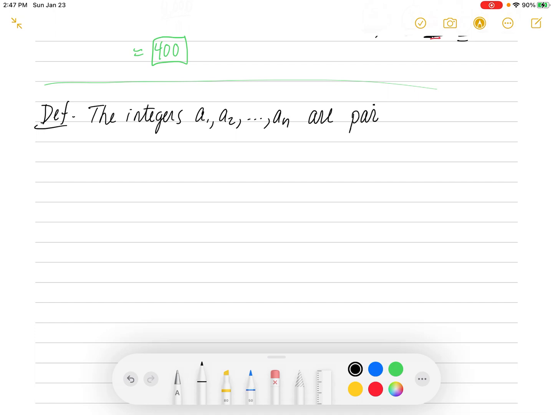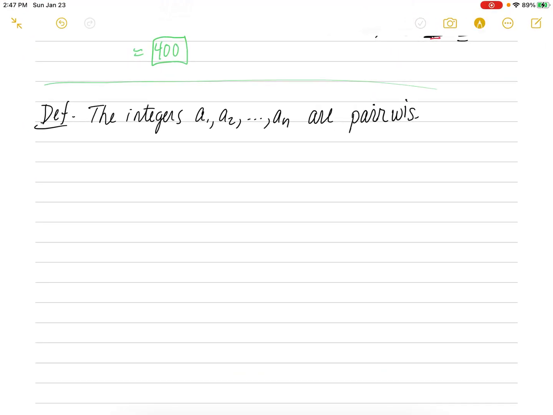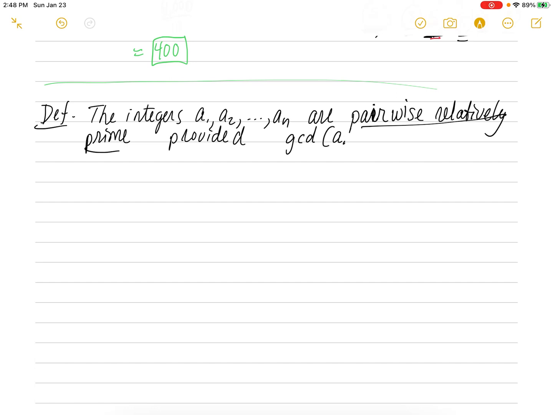These integers are pairwise relatively prime, sorry about that, provided the GCD of each ai and aj equals 1 for all i greater than or equal to 1, i less than j, and j less than or equal to n.